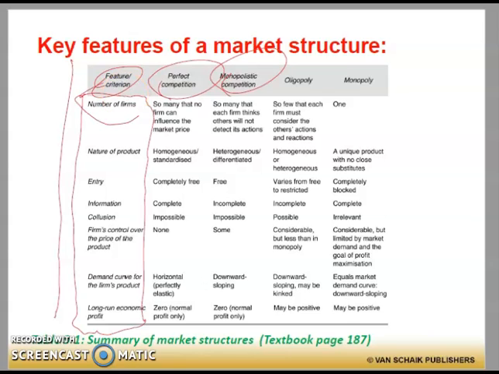Looking at the table, the first criterion is the number of firms, which varies between 1 and many. You can see it's 1 in the monopoly, and in perfect competition there are so many that no firm can influence the market price. The actual number of firms as such is not particularly significant.